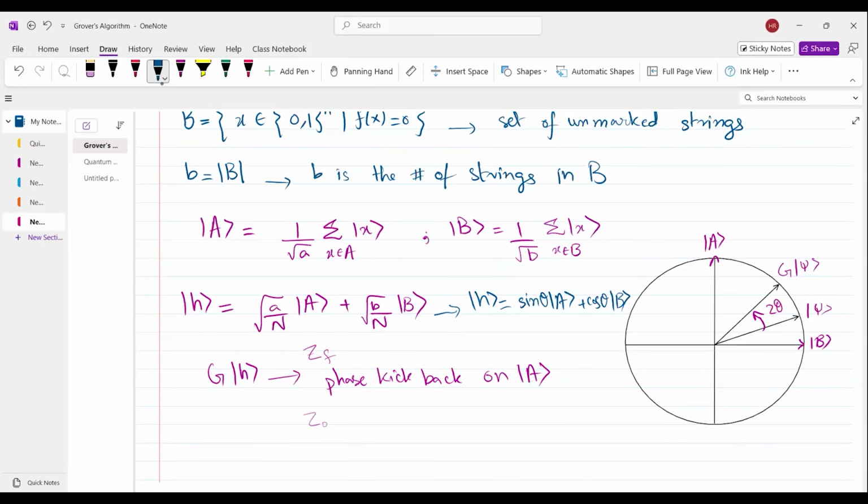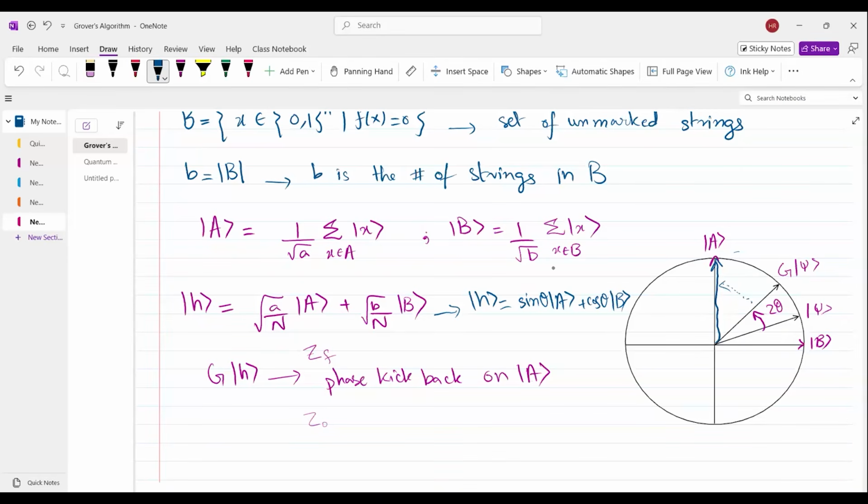And the idea is exactly this, that we keep rotating it until this state psi is more aligned with this vertical axis towards the A state.